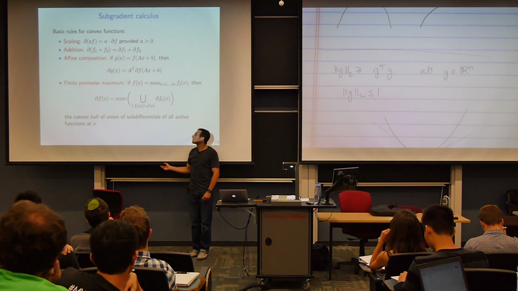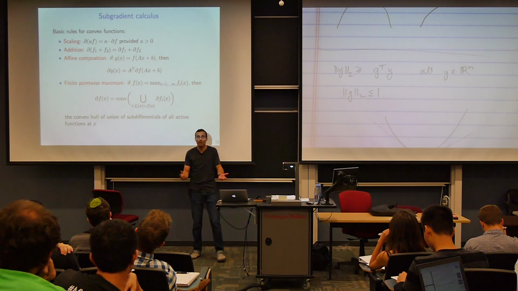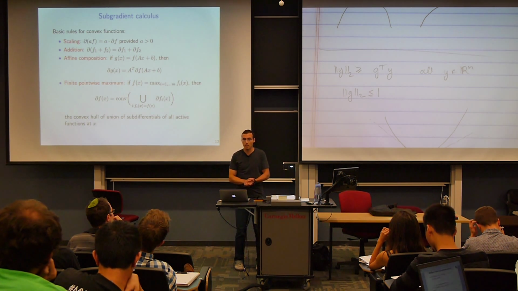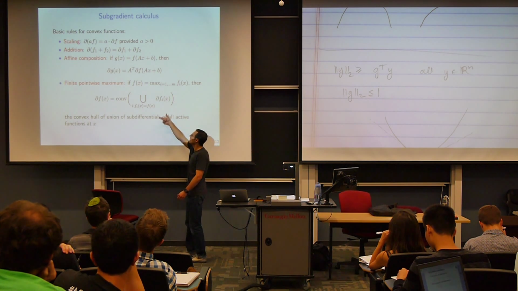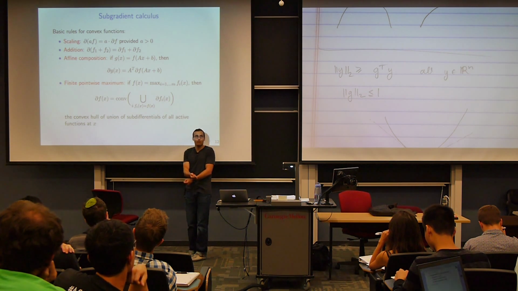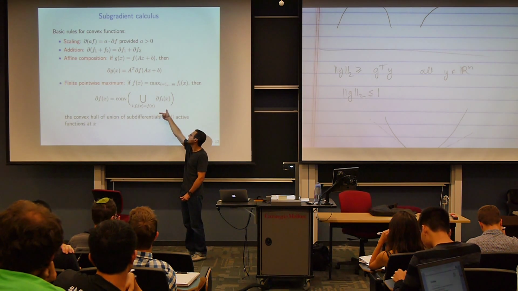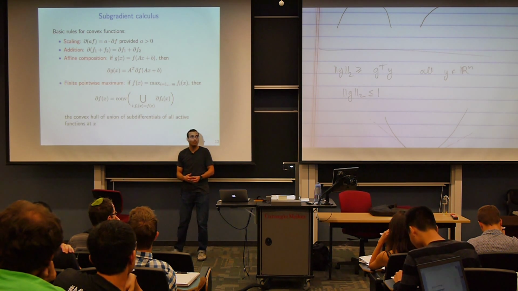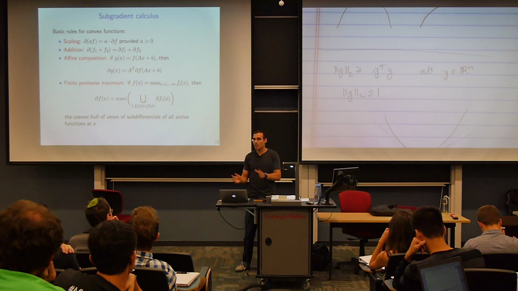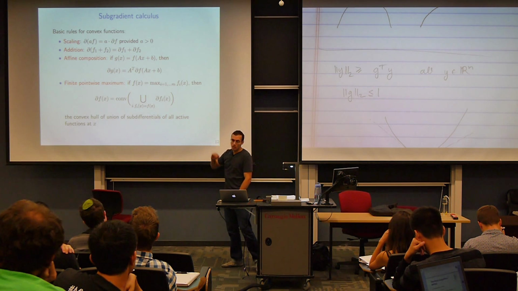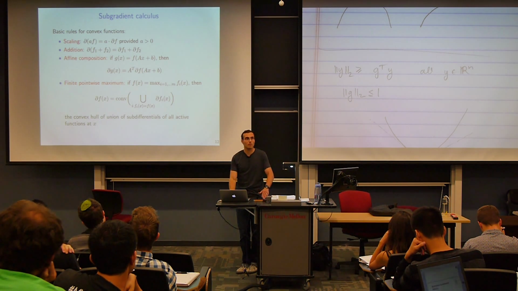Because the set of subgradients, the subdifferential, is always a convex set. So even if you didn't remember to take convex combinations from the definition of subgradients, at a high level you know that the subdifferential is always a convex set. So there should always be some notion of convexity when you're talking about the subdifferential.